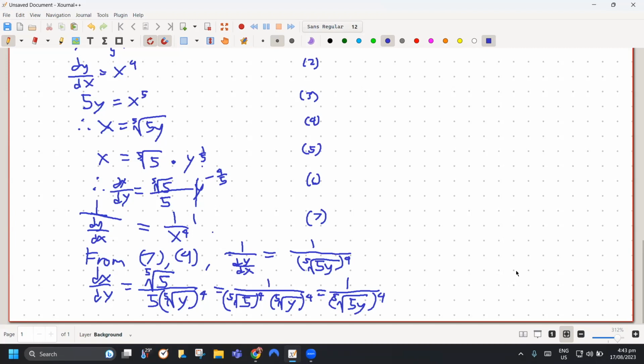O sige, magde-demonstrate ako ng isa pa. So we're done with, this is number 19, di ba? So let me do 22 square root of 4. Ito. So demonstrate ko yung number 22.